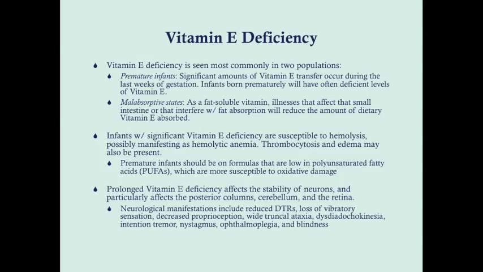So once those red blood cells without the vitamin E develop, they're more fragile and they're susceptible to hemolysis. So they can develop a hemolytic anemia. They can also develop thrombocytosis and edema. I'm not exactly sure why the edema happens, but it does.